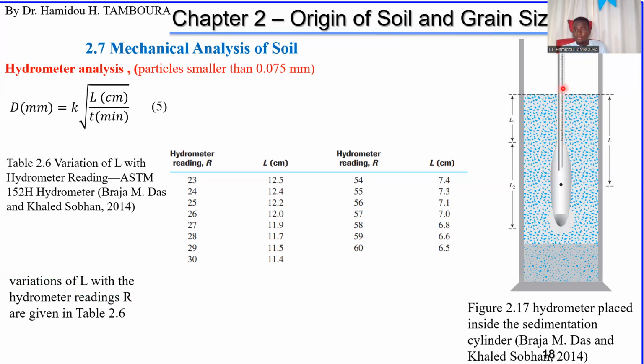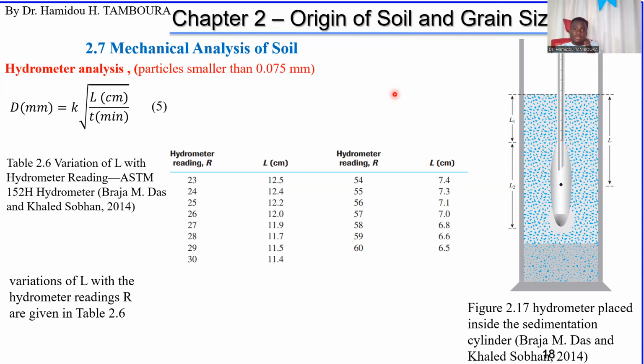The hydrometer is marked like this. The marks on the hydrometer, this is what you are reading. So after reading, you can get the specific gravity. The hydrometer will give you the specific gravity.